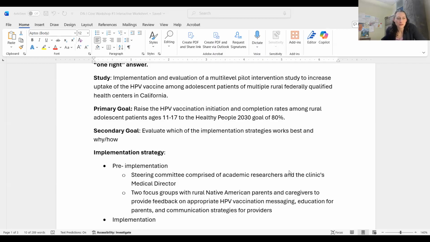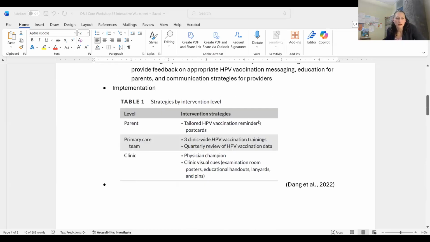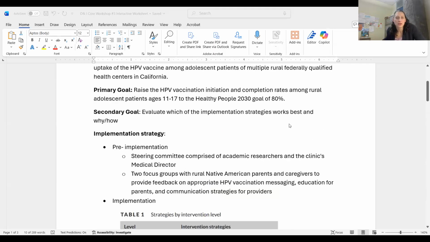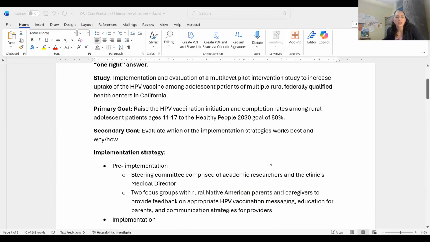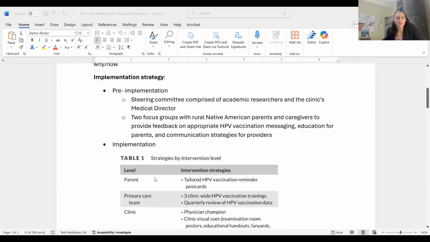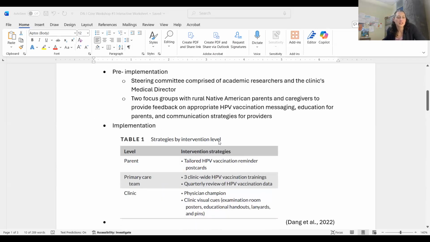Okay, so we're thinking some sort of hybrid trial and more towards the implementation side of the spectrum than the efficacy side or effectiveness side of things. How about thinking about, so we're implementing this across multiple clinics and there are multiple different levels of activities and strategies being used.